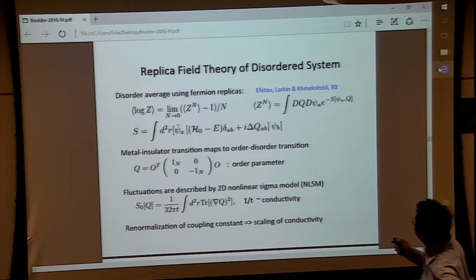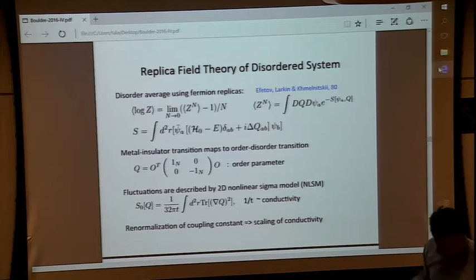What I'm doing here is averaging over disorder configurations, and by doing that, we obtain an effective 4 fermion interaction. I'm not going into the details, but the idea is that we start with a problem of n copies of the fermions, with n flavors, interacting with disorder. We integrate out the disorder configurations, perform the disorder average, and generate a 4 fermion interaction.